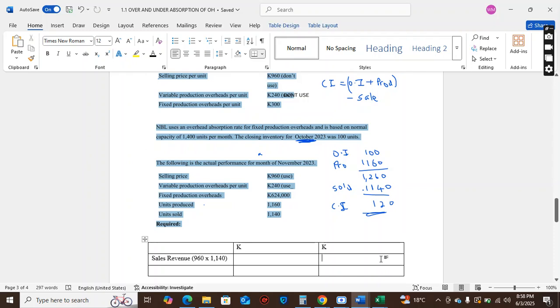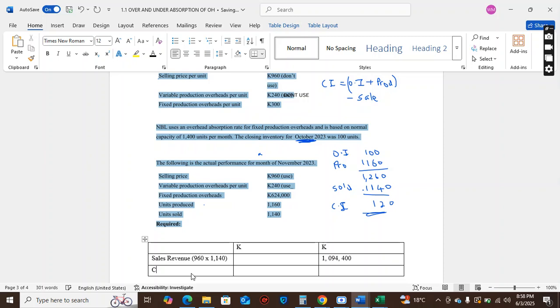The answer is 1,094,400. Next, we need to tabulate the cost of goods sold.